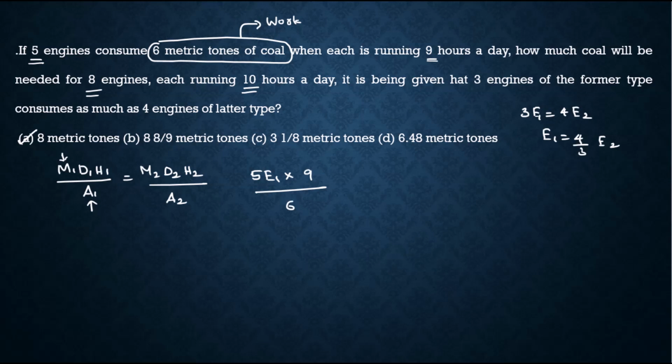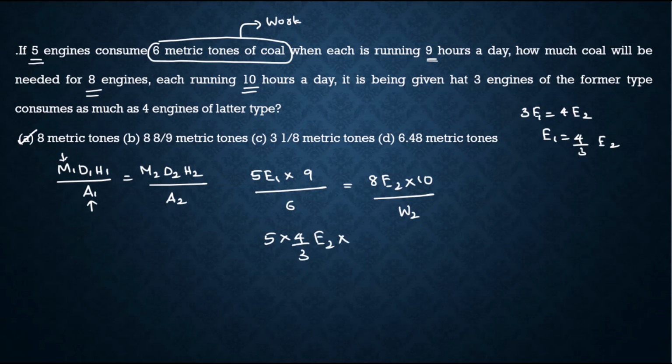5E1, days is not given so no need to mention, divided by 9 into 9 divided by 6 equal to, in the second case, 8E2 into 10 divided by W2. We don't know how much amount of coal is consumed.